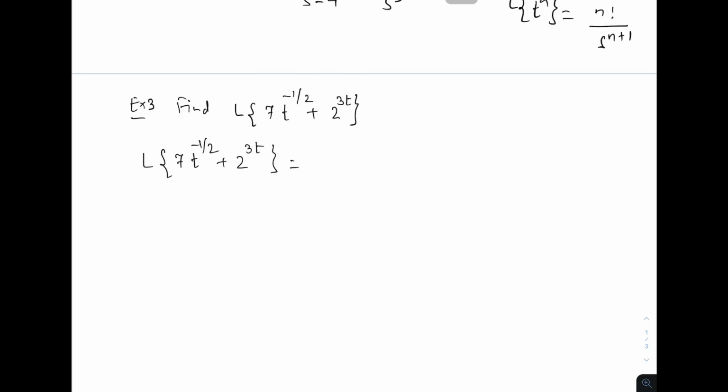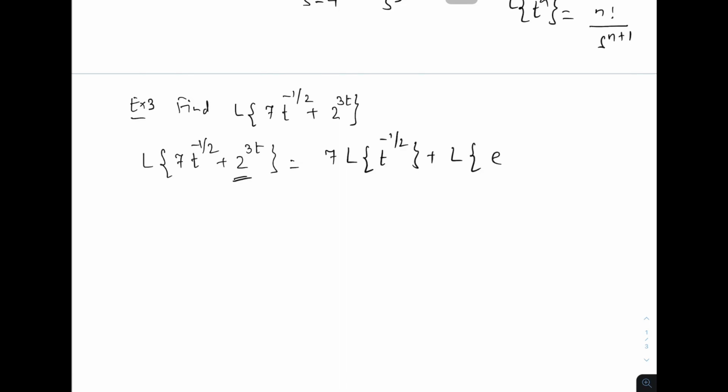So the Laplace transformation of 7 t to the power minus half plus 2 to the power 3t is 7 times the Laplace transformation of t to the power minus half plus the Laplace transformation of, now we can convert this into the e power at form.